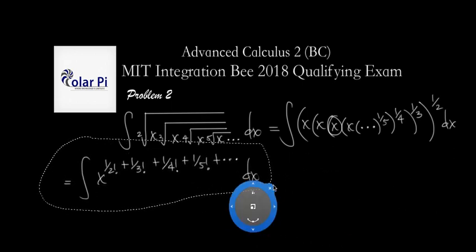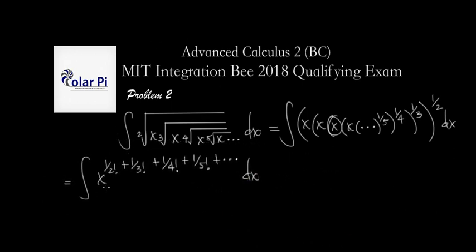So where did we first learn how to add things like 1 over 2 factorial, 1 over 3 factorial, and so on? Well, we recall in Maclaurin series lessons that e to the x is equal to the infinite sum, n equals 0 to infinity of x to the n divided by n factorial. We know that this is e to the x.